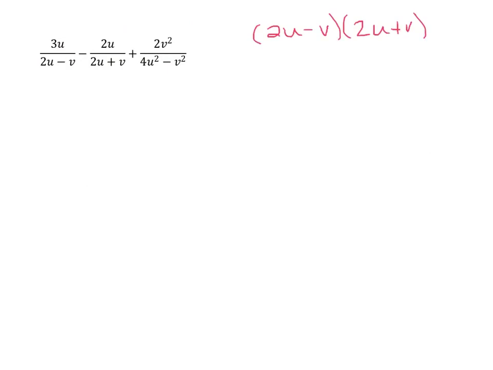So as you go back and look at these other fractions, what do you need to multiply by this to get this? Well, it's just 2u plus v. And you would do the same thing here. You just need to multiply by 2u minus v.